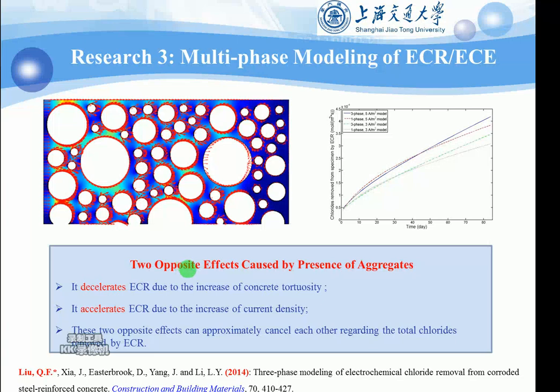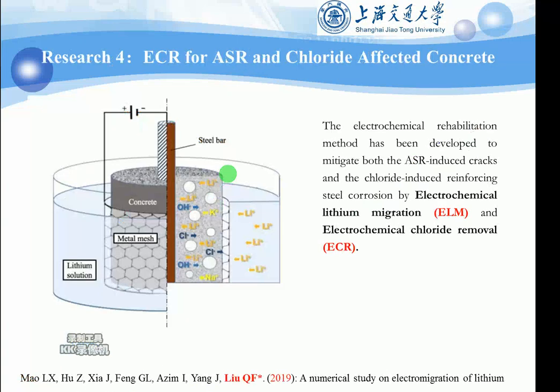On one hand, it decelerates ECR due to the increase of concrete tortuosity, and on the other hand, it accelerates ECR due to the increase of current density. But interestingly, regarding the total chloride removed by ECR, these two opposite effects can be more or less cancelled by each other.